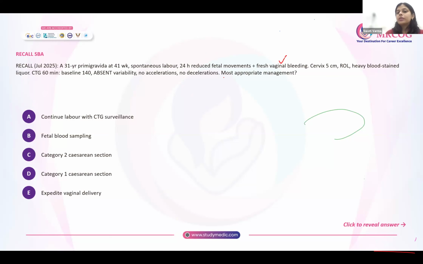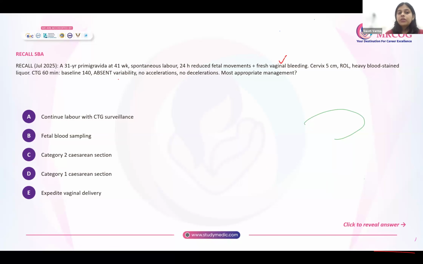Now here fresh vaginal bleeding is one thing which should raise our ears. She is 41 weeks, labor is spontaneous. Since 24 hours, she was having reduced fetal movements. Cervix is 5 centimeter and heavy blood-stained liquor, and on that, variability is absent. Although there are no accelerations, although there are no decelerations, but absent variability for 60 minutes.